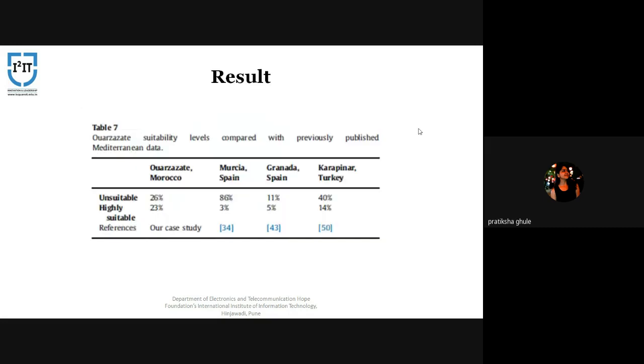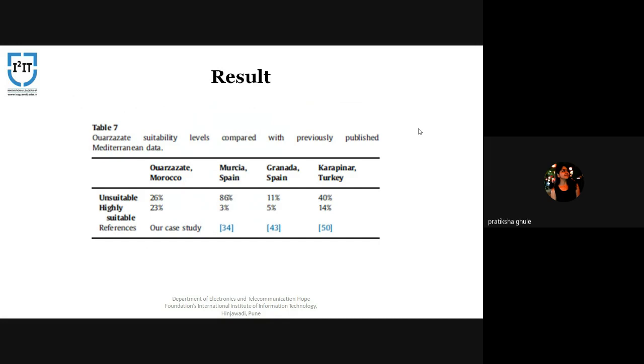Now here you can see the result. After doing the whole calculation, using AHP to assign the weightages, then finding the proper result.